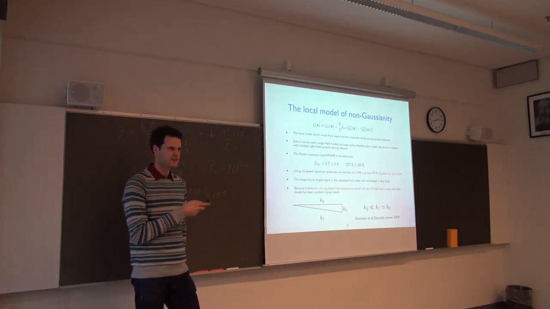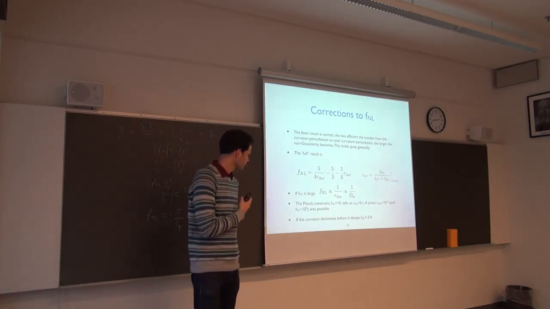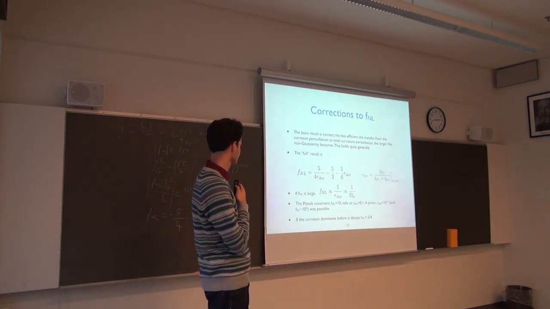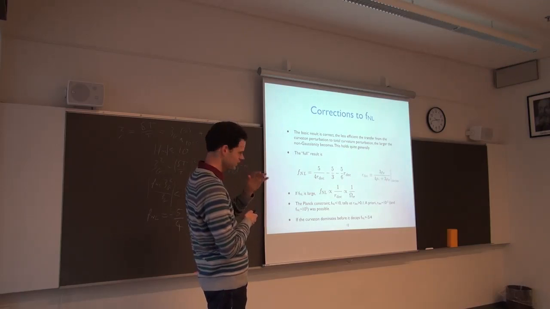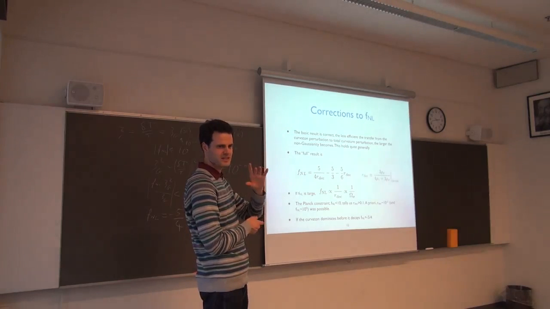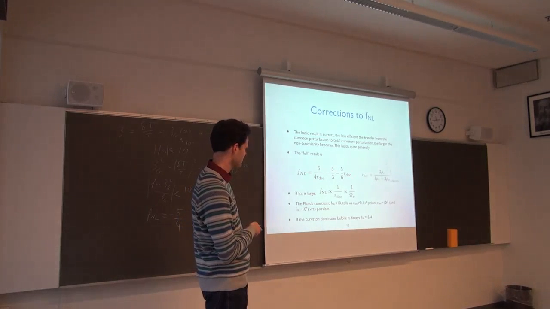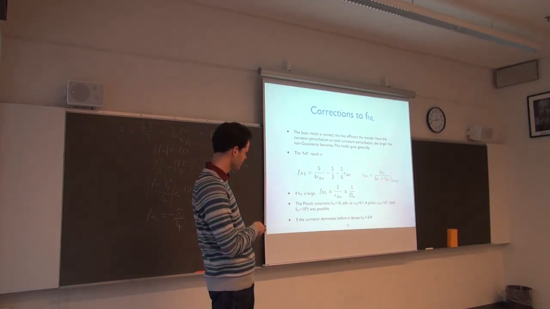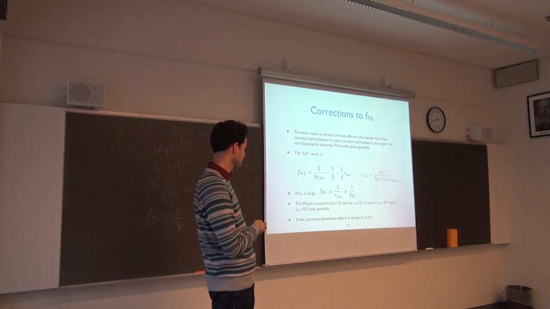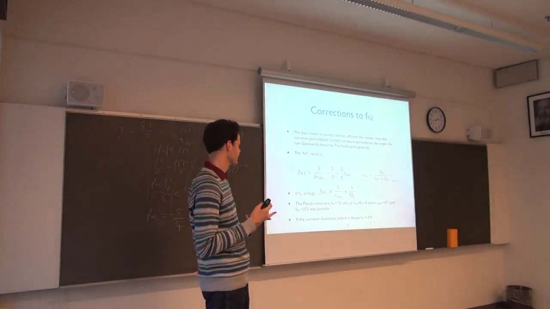I'll leave the rest of the details. If we do the full calculation for FNL from the Curvaton, what you get, including back reaction from gravity and everything else, is that FNL depends on this R decay parameter, which is the ratio of the Curvaton to the inflaton decay products in radiation plus the Curvaton decay, with some appropriate factors due to the different equations of state of matter and radiation.